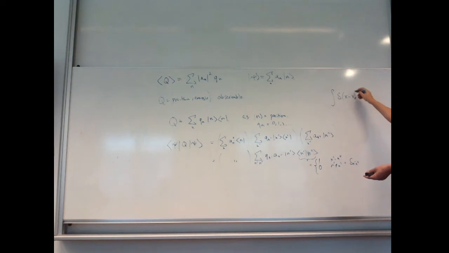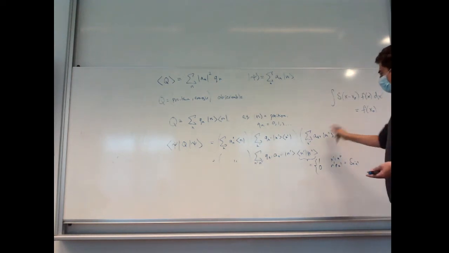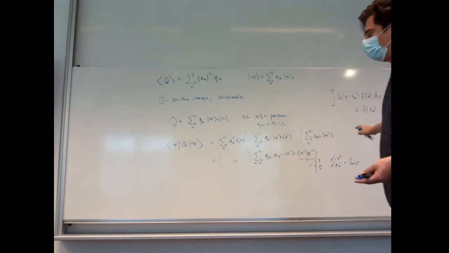If you've got a delta function times f of x, this is just equal to the value there. So basically this integral collapses to a single value, and otherwise it's equal to 0. It's a lot like that, but it's just the discrete version with a sum.